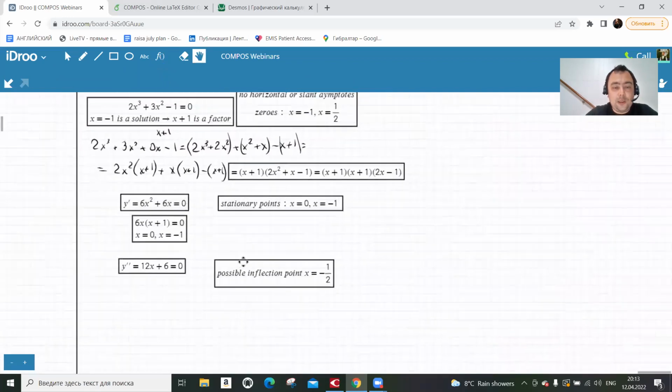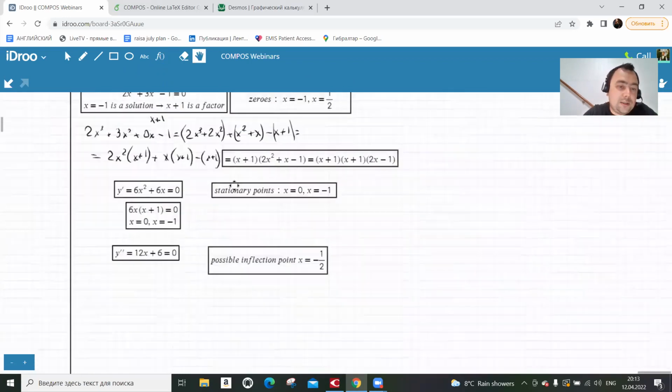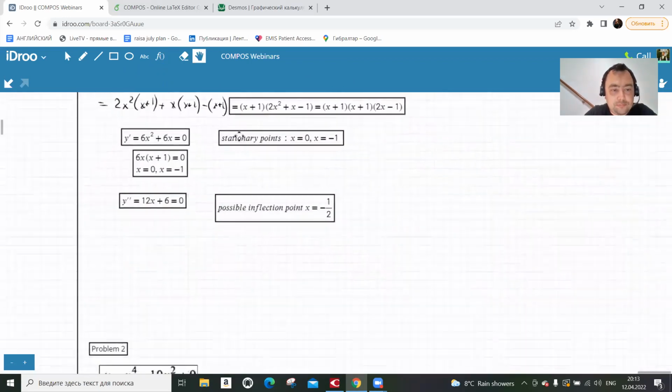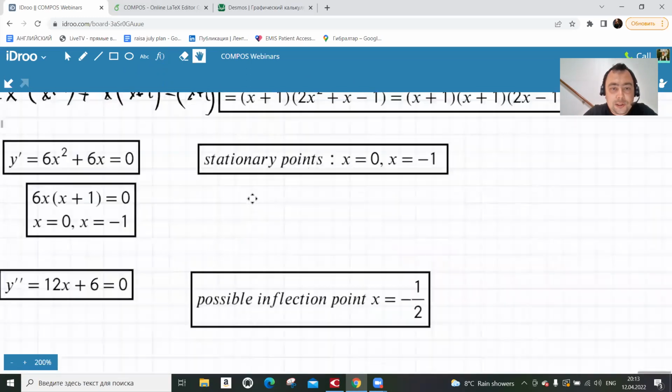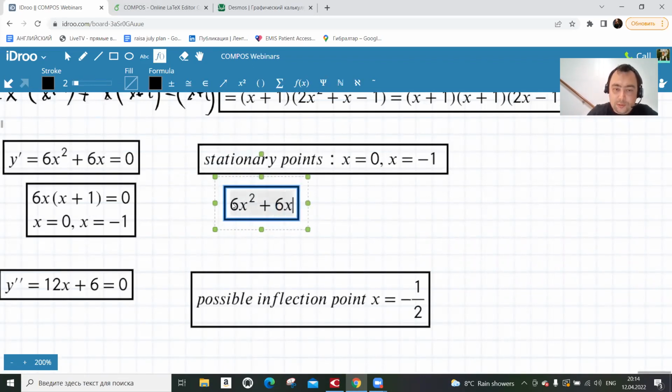What else? Well, we need the intervals of increase and decrease, and I'm going to show you a short way of doing it. I'll just solve here. So here, 6x squared plus 6x, I'm interested where the function is increasing. When the first derivative is greater than 0, the function is increasing. So it's monotonically increasing.